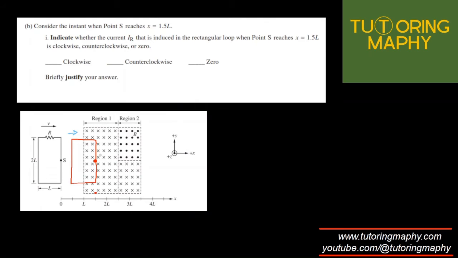Lenz says that the induced current or EMF should oppose the cause. What is the cause? The increasing magnetic field in the negative z direction. So to counter something which is in minus z, it should induce a magnetic field in plus z.